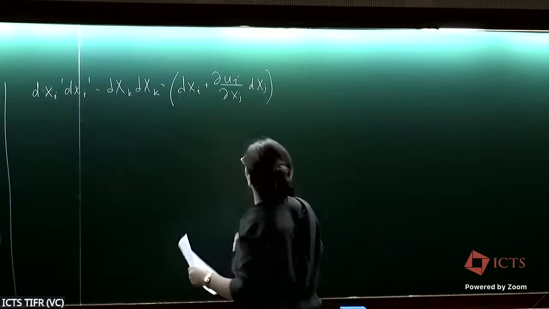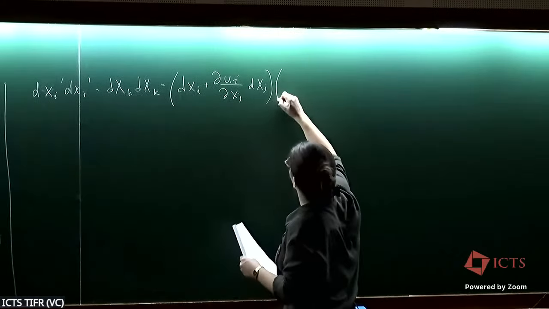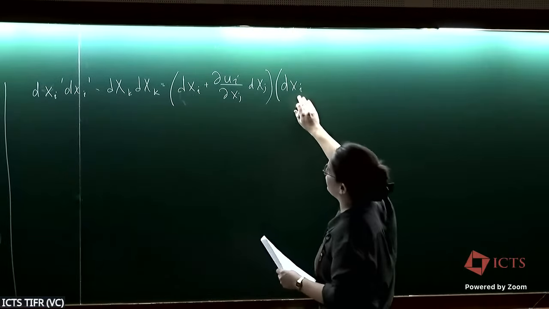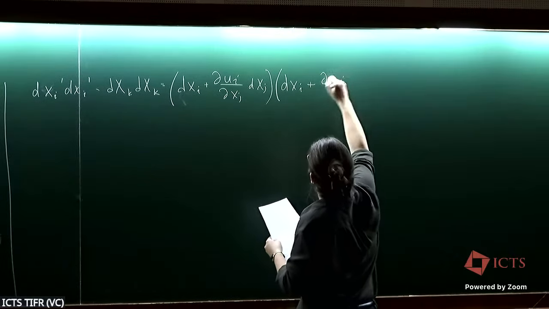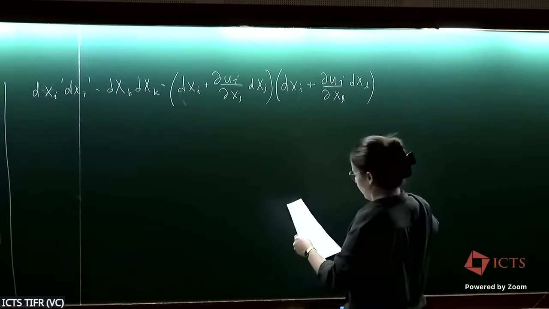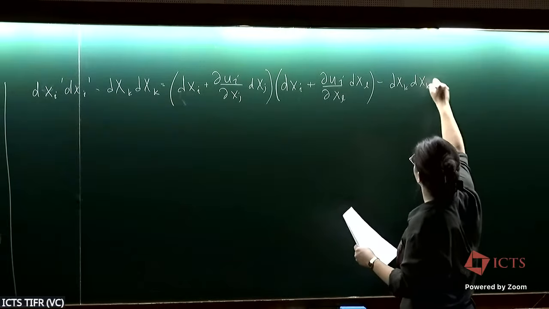So that's one of these dx_i' terms. Now let's put in the other dx'. Again, you're probably anticipating that we're going to see a nice cancellation here. And then we have these other indices that we're summing over, minus dx_k dx_k.